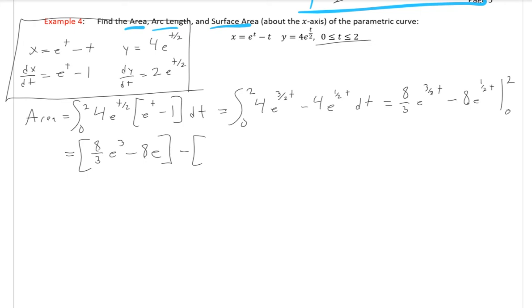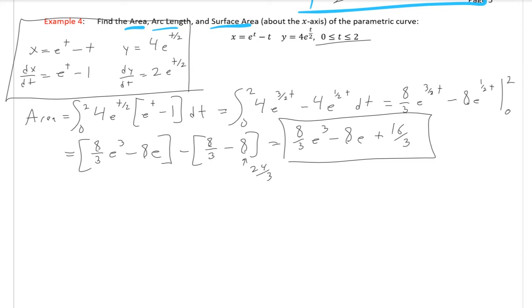Minus if I plug in 0, e to the 0 is 1, so I get 8/3 minus 8. It's about as simplified as that can get. You can combine a little bit of it here if you want to. We have the 8/3 and 8, so you can say 8/3 e to the 3rd minus 8e. This would be 24/3, so that would give you negative 16/3 minus, so that's plus 16/3. So that would be our answer for area.